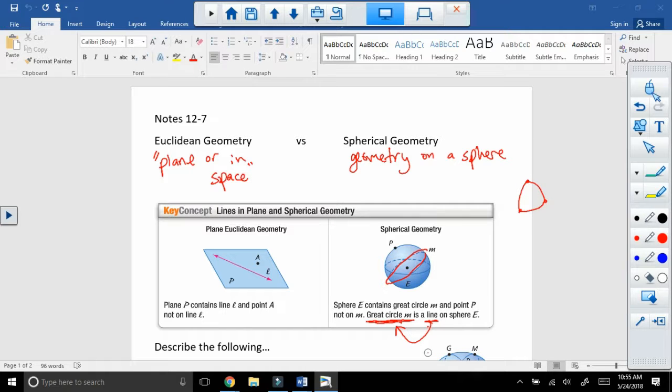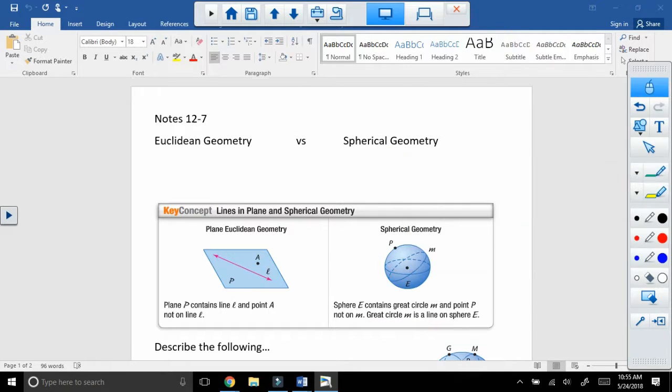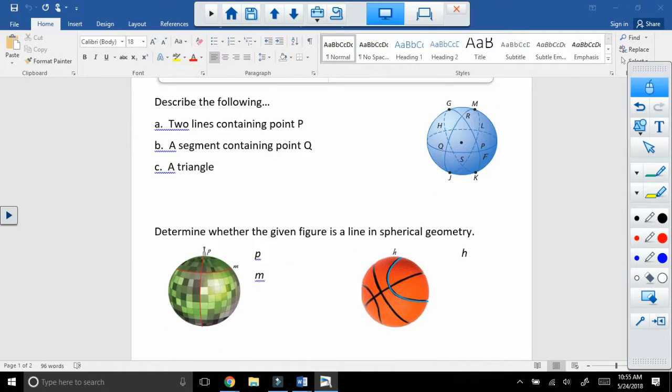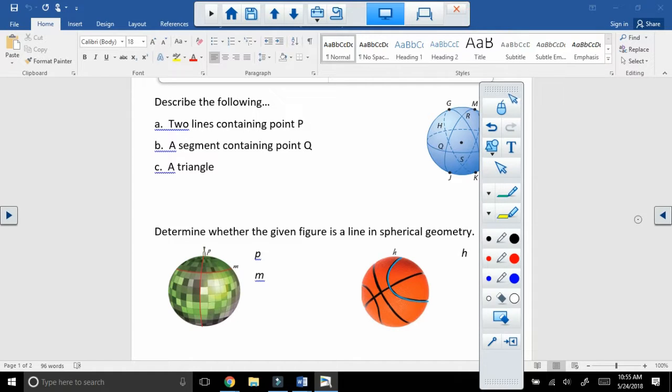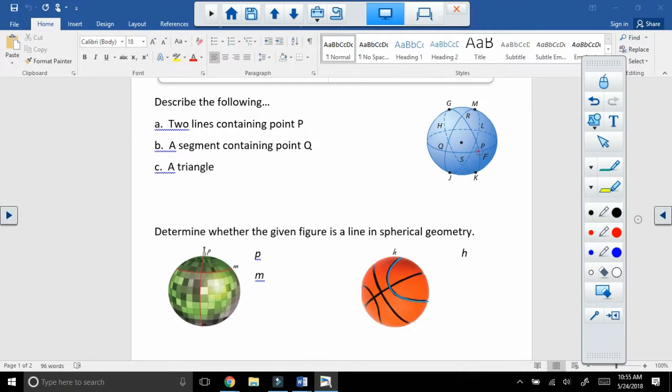So when we're describing some of these following things, this first one says, describe two lines containing point P. Point P is this point right here. This point is contained within this great circle.